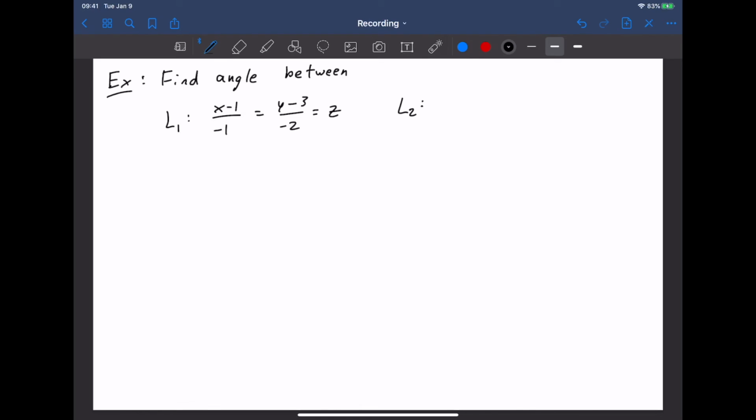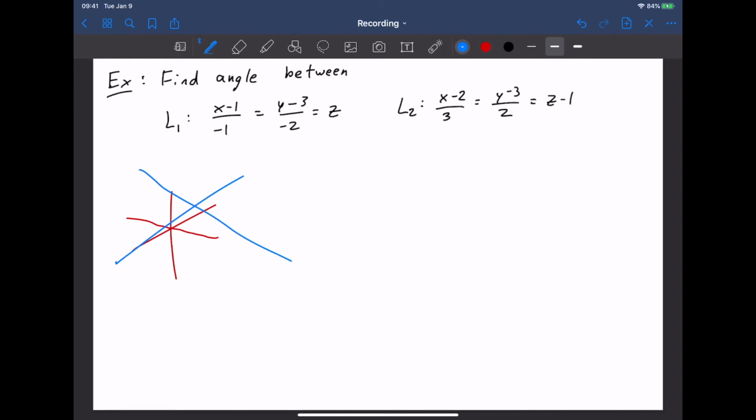And L2 was x minus 2 over 3, y minus 3 over 2, and z minus 1. These two lines, I'm not saying they look like this necessarily, but these two lines float in space and they intersect somewhere. Can we find that angle?